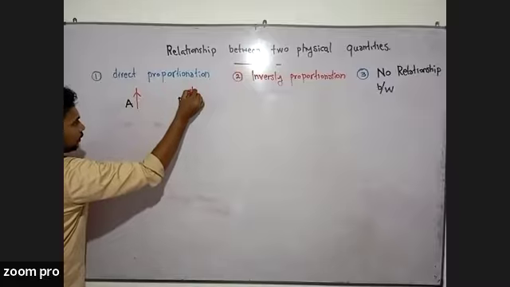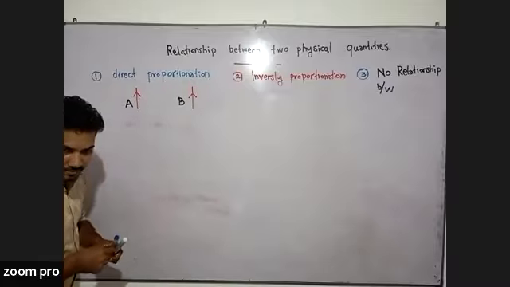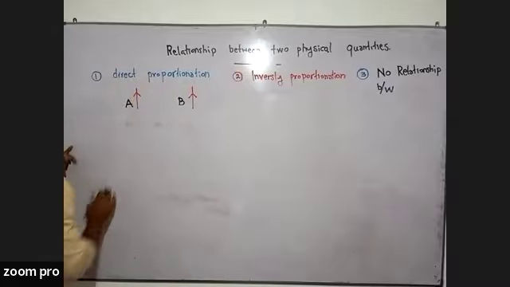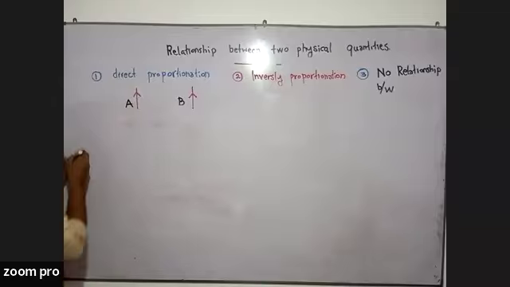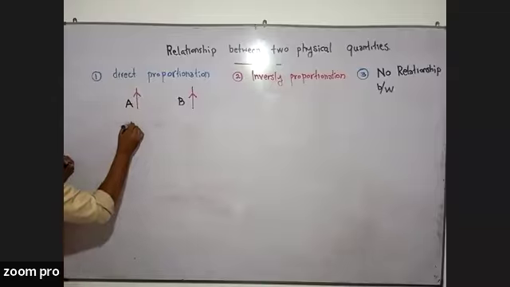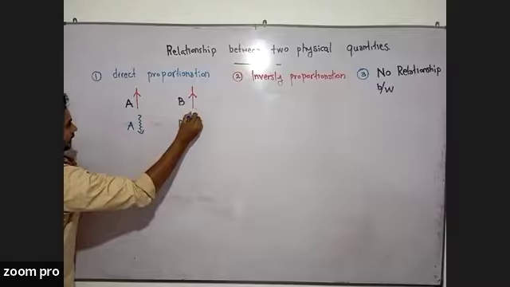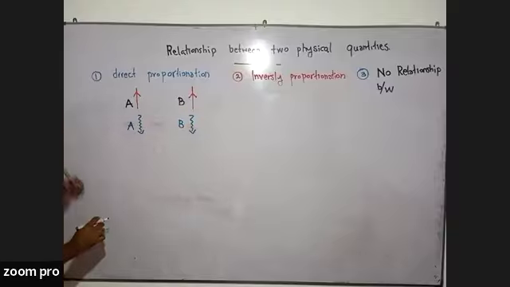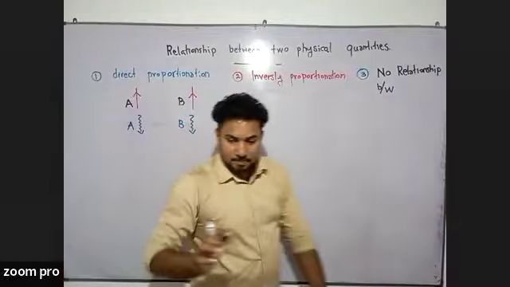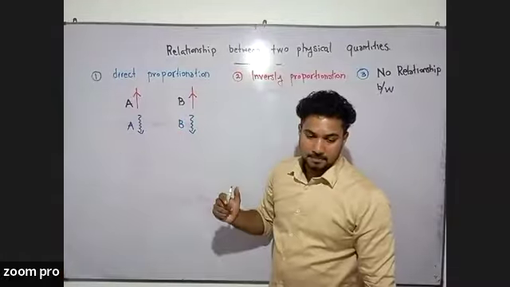The other one is also getting increased, right? So this is called direct proportionation. On the other hand, when A is getting decreased, what happens to B? It is also getting decreased. So this is the meaning of direct proportionation, right?